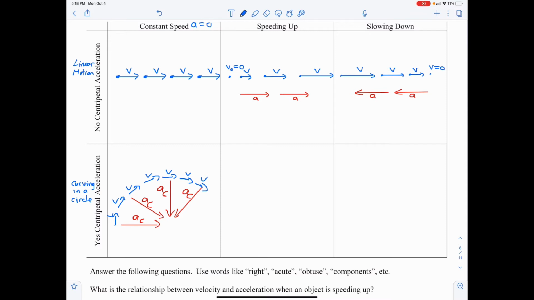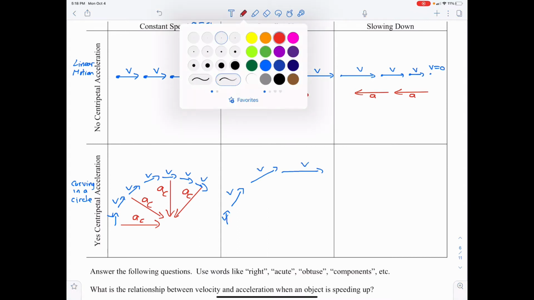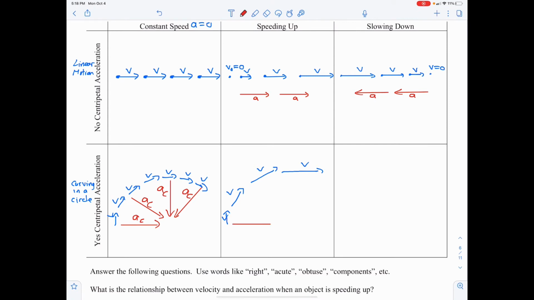Now, what if we're speeding up as we're going around the edge of the circle? Well, we'd have arrows that were getting longer, like that. It would be your velocity vectors. Your speed is increasing. You'd still have centripetal acceleration. Still points to the center.